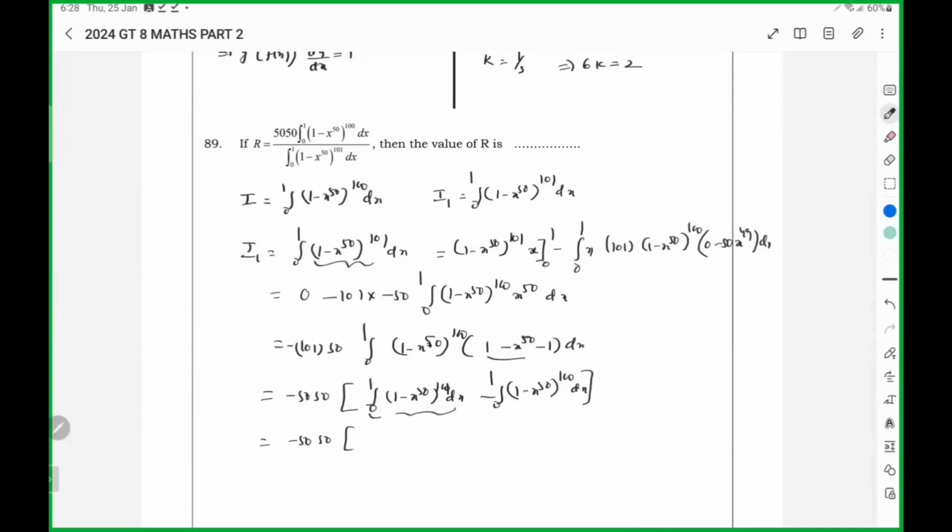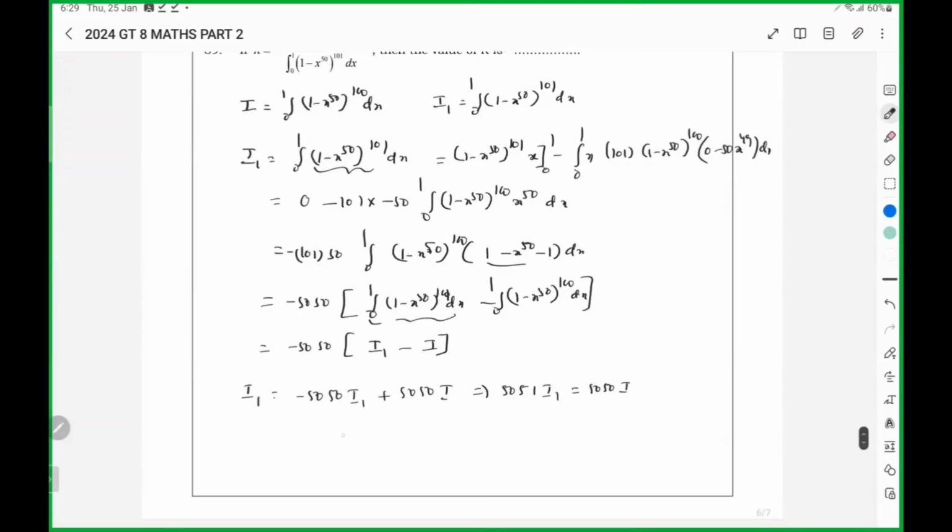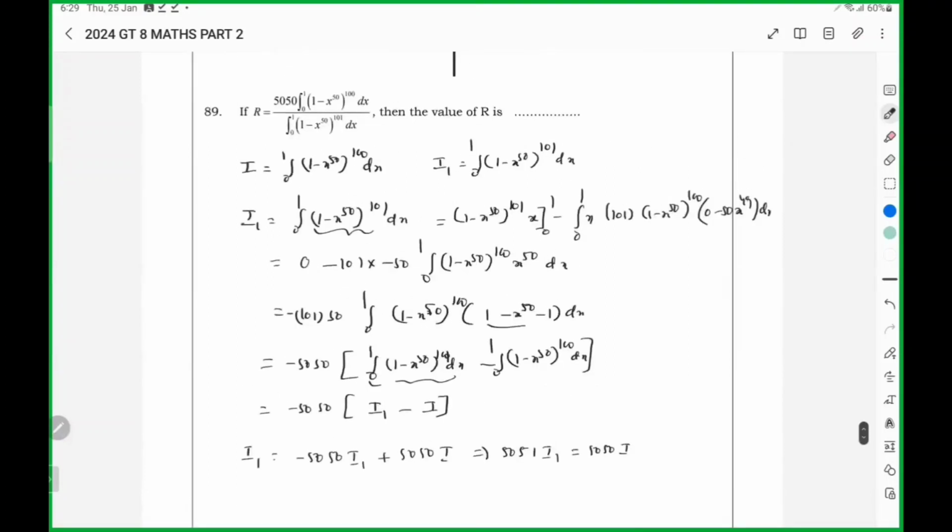This one is 101 I1, and this is I. So I1 will be minus 50 I1 plus 5050 I. 5051 I1 equals 5050 I. So R will be 5050 I by I1.